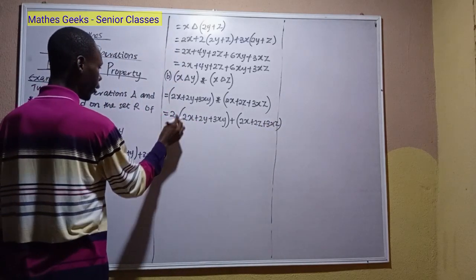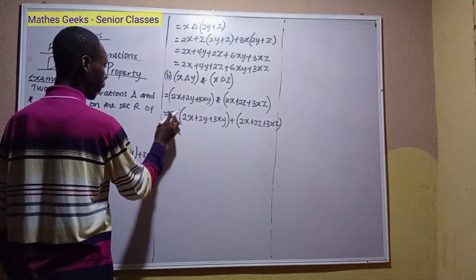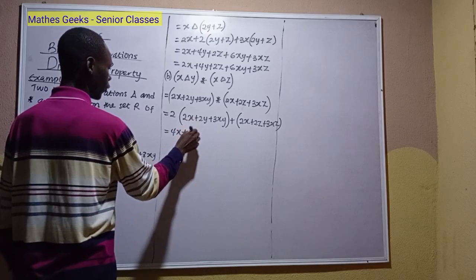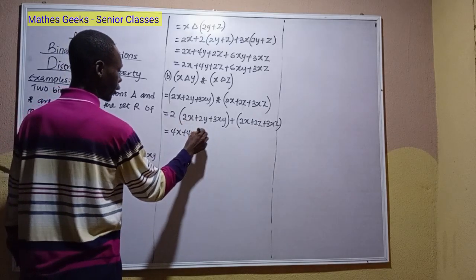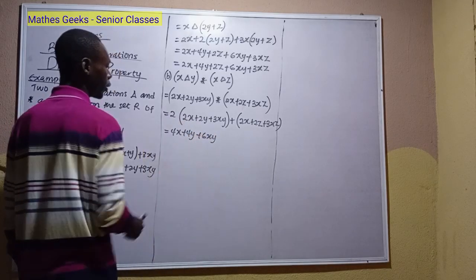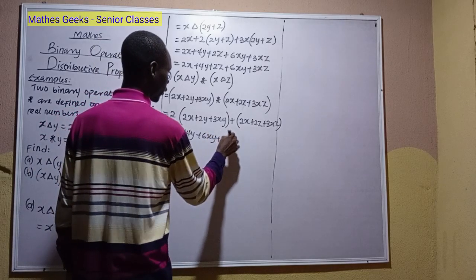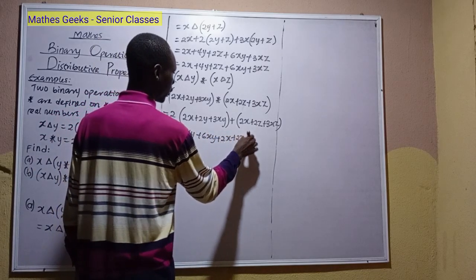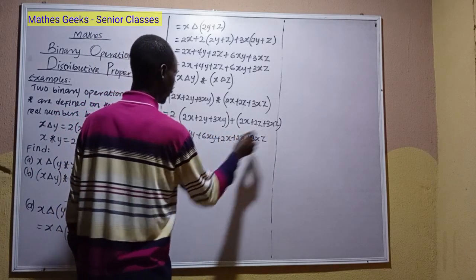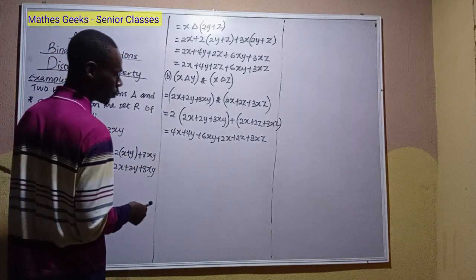So 2 times 2x is 4x, 2 times 2y is 4y, 2 times 3xy is 6xy, and plus 2x plus 2z plus 3xz. So let's see.